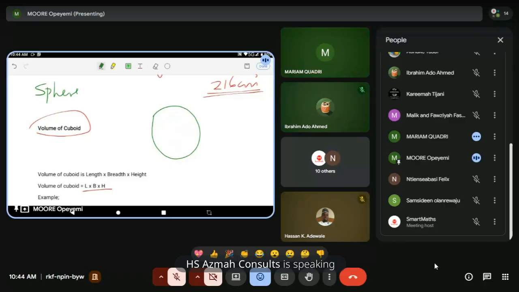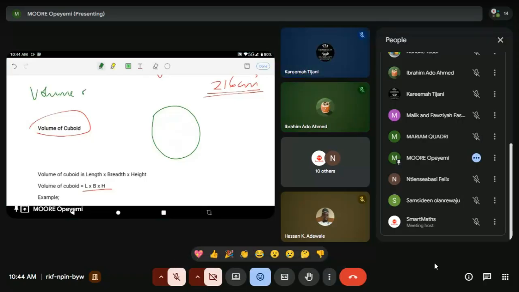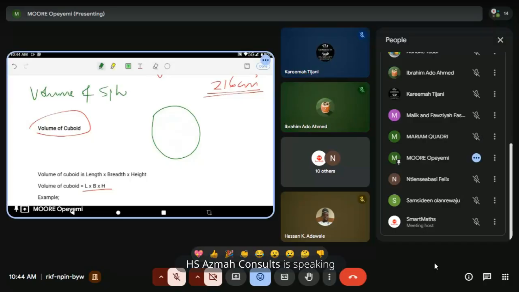Ah, madam, you can't scatter the whole thing. 2 pi r cube. Okay, now let us stop guessing. Let us say 3 pi r square. Volume of sphere is equal to, let's leave this one for now, is equal to, yes?